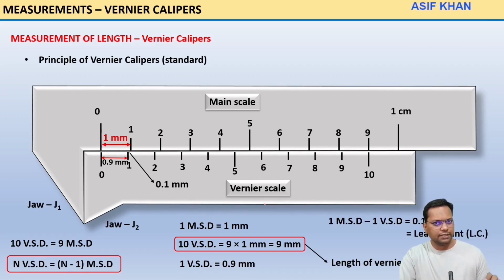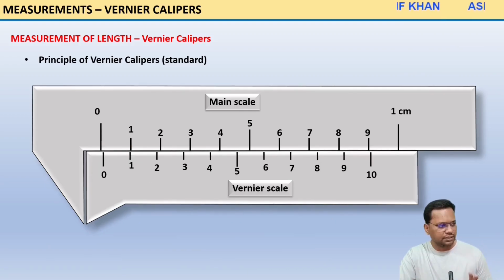Initially, the 0th lines on the main scale and the Vernier scale are both coinciding. Now when I open the scale such that the first line on the Vernier scale is exactly coinciding with the first line on the main scale, look at the scale carefully. Whatever difference you see, that is 0.1 mm, and it is created between the two zeros.